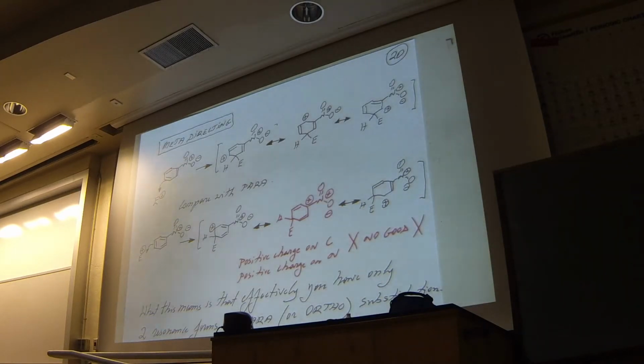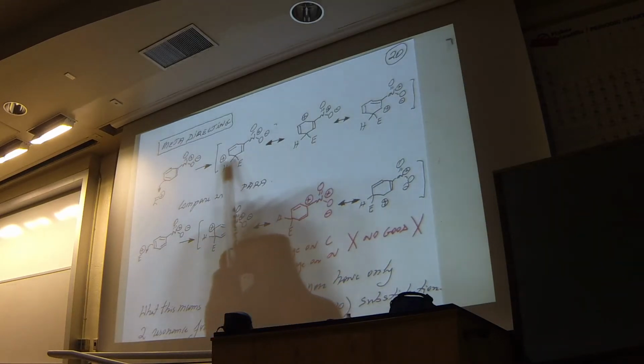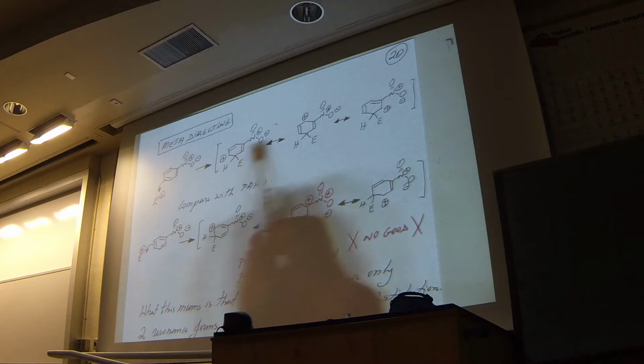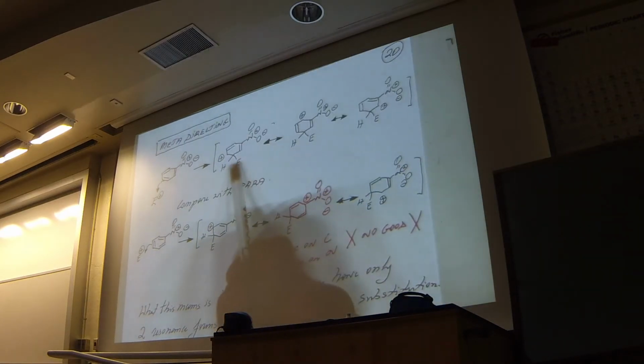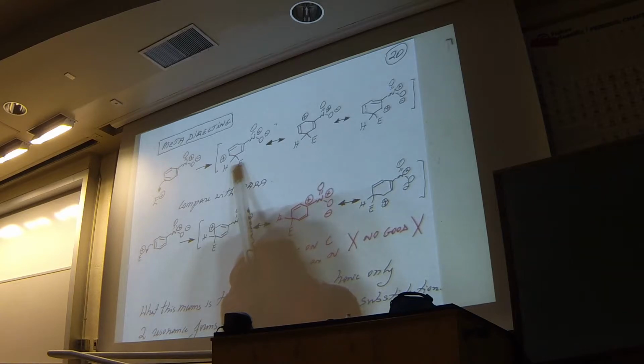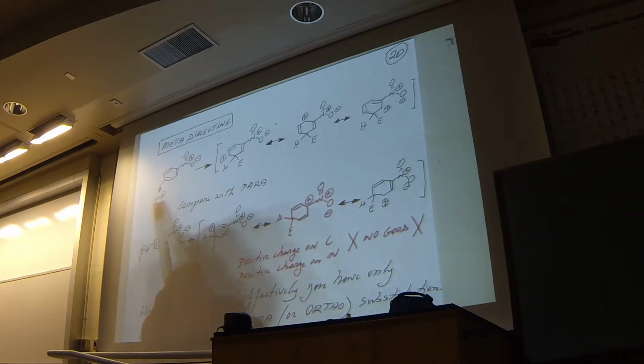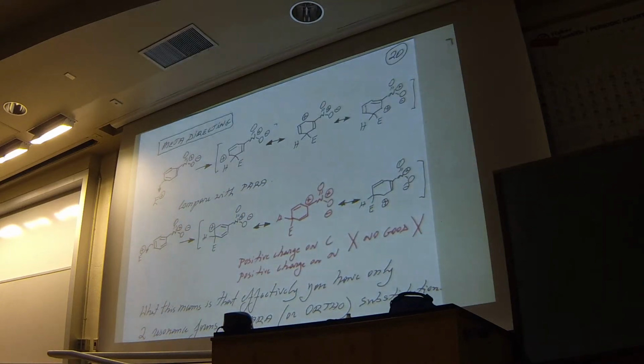Because in benzene, I don't have anything pulling electron density out of the ring. In methoxybenzene, I actually have a methoxy group pushing electron density into the ring. So even though you end up with meta substitution and no ortho and para, this meta substitution product is formed at a slower rate than the corresponding electrophile rate with benzene would be.